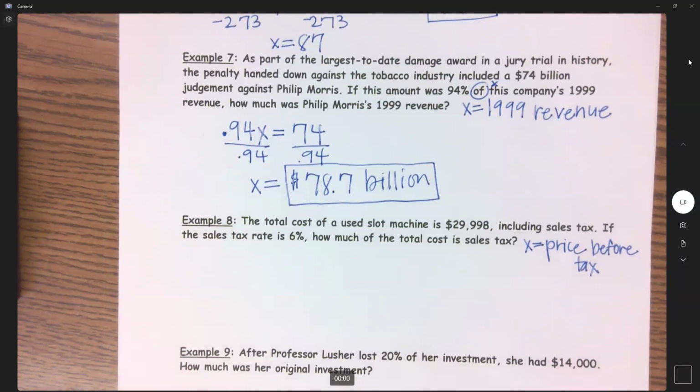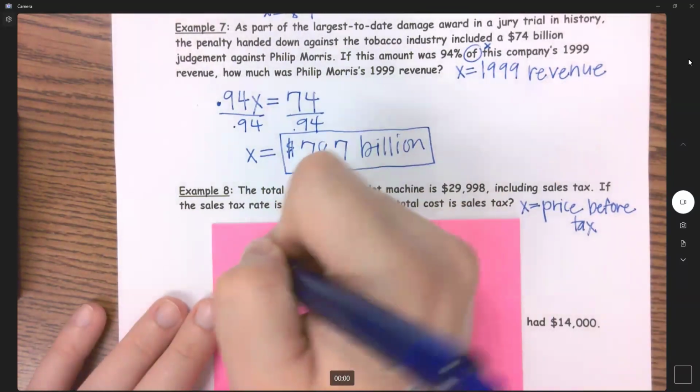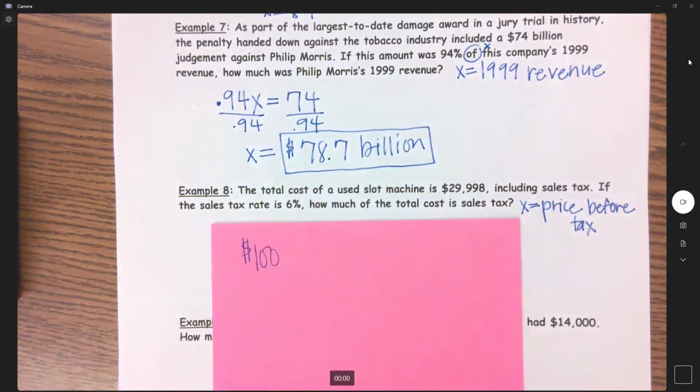So let's talk about when you go to a store. Let's just keep it really simple. You go to the grocery store, and before tax, it comes out to $100 total.